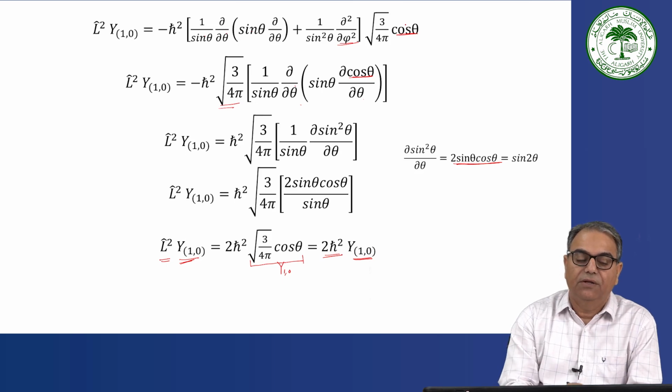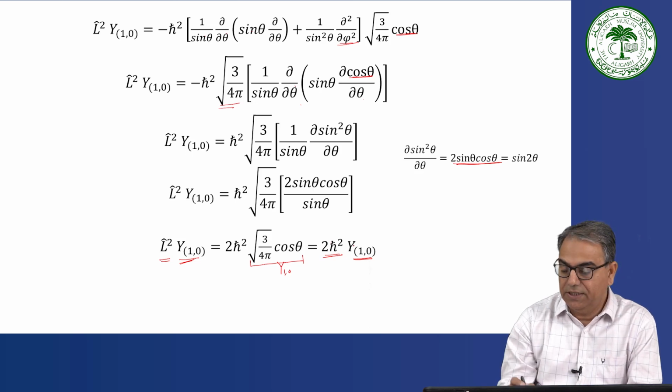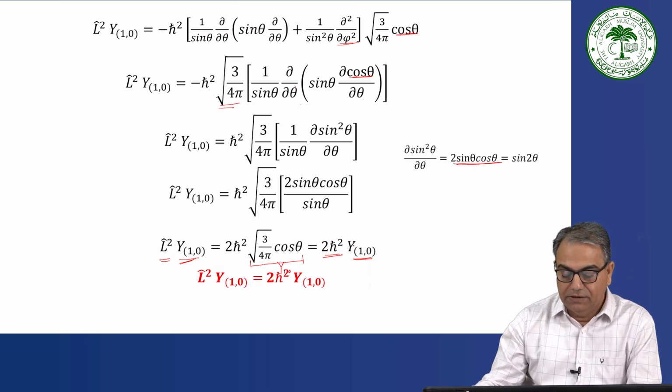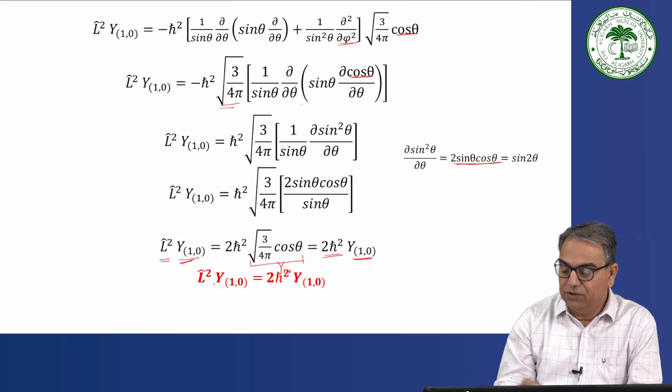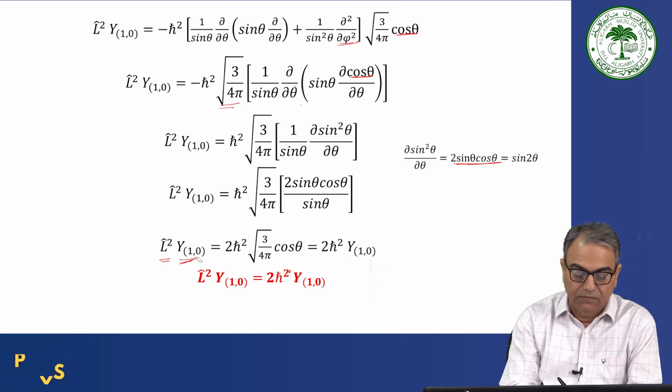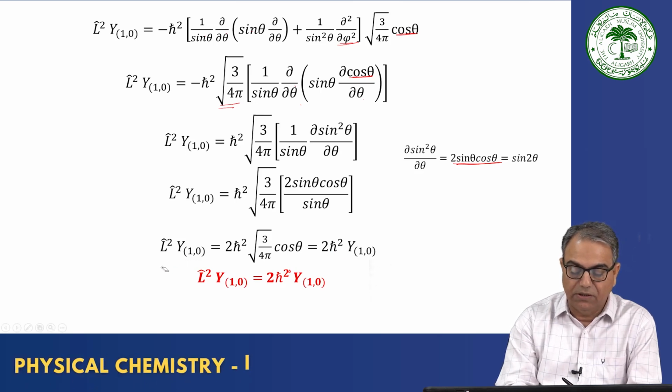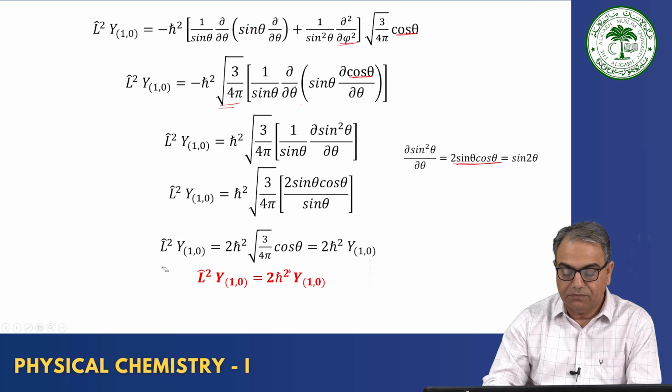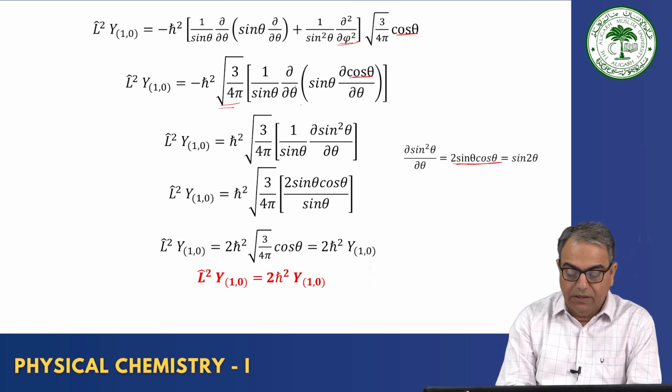We applied and operated with the L square operator on a particular spherical harmonics and we got this equation. So this is a constant. Okay. So what you have is L square Y10 is 2 h cross square Y10.